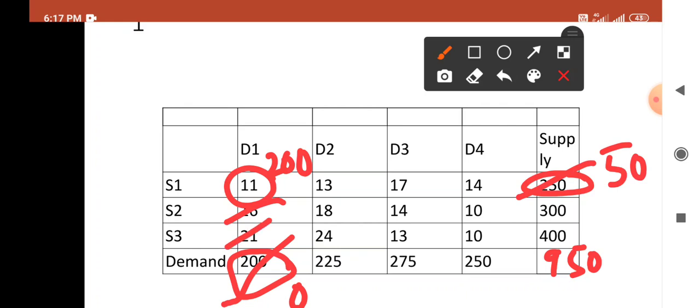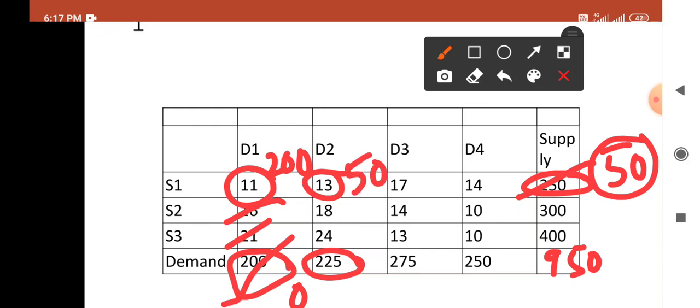Now in the remaining matrix, the northwest corner cell is 13. So we'll select this 13 and take the values. The demand is 225 and the supply is 50.